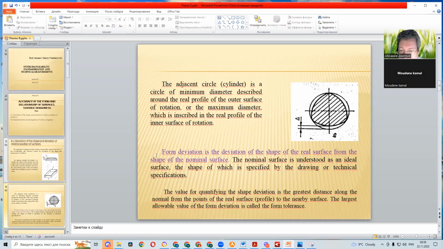The value quantifying the shape deviation is the greatest distance along the normal from the points of the real surface or profile to the adjacent surface. The largest allowable value of the form deviation is called the form tolerance.